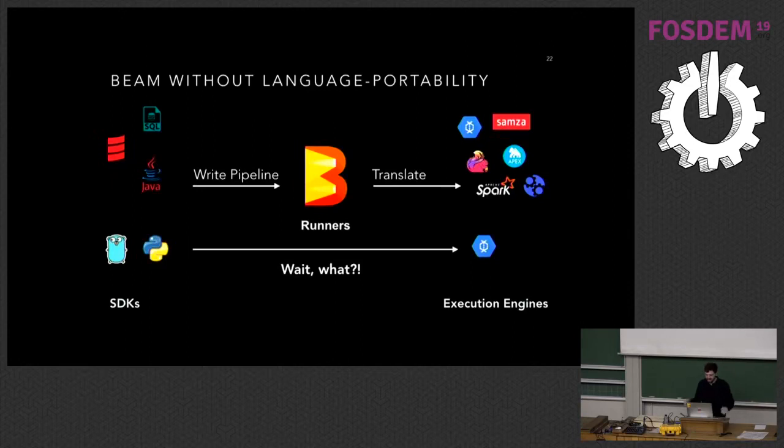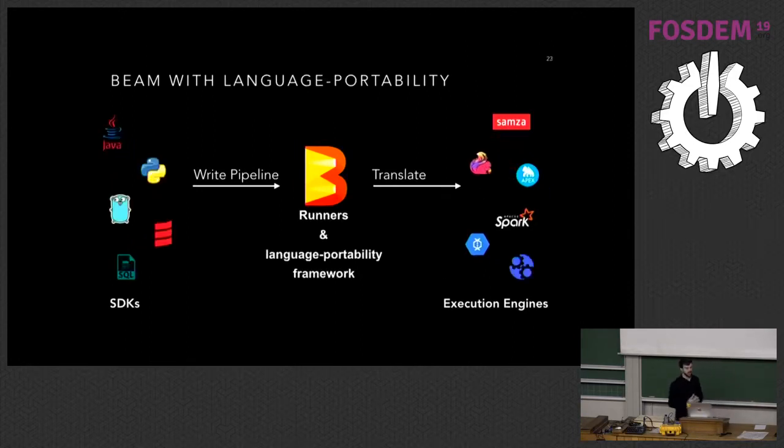I mean, it kind of breaks the promise. So what we need, and what we worked on for almost 2 years, is to build a language portability framework into Beam and its runners, so that we can actually realize the full vision.